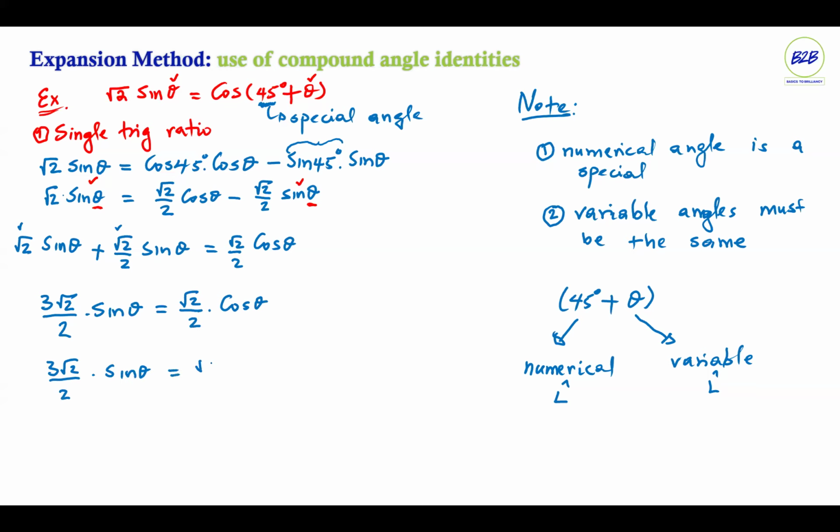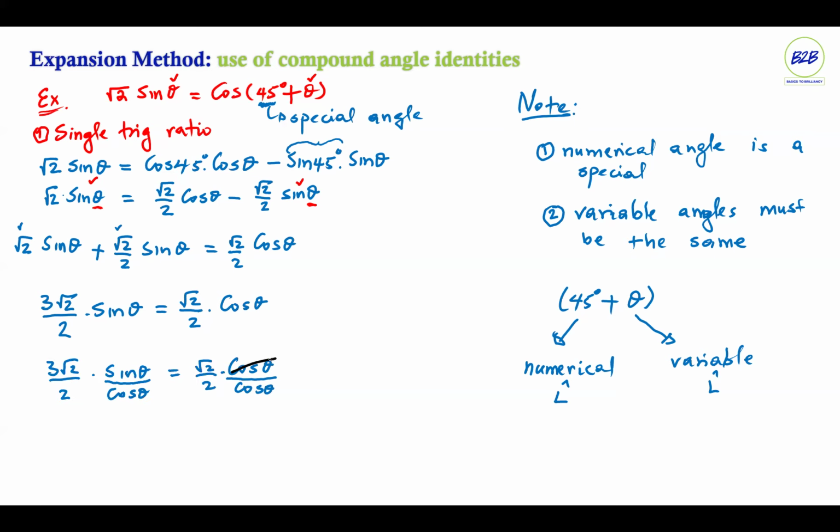Now we have sine and cos here. So how can we then combine sine and cos to form a single trigonometric ratio? We must divide on the right-hand side by cosine of theta, and also divide on the left-hand side by cosine of theta.